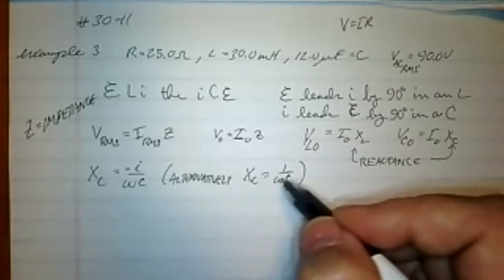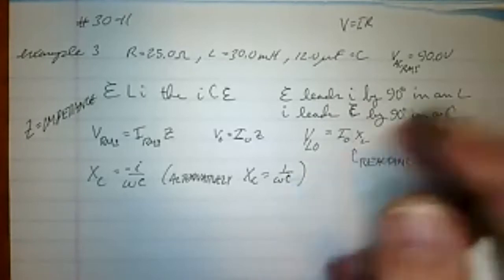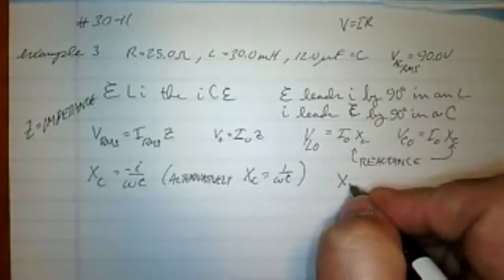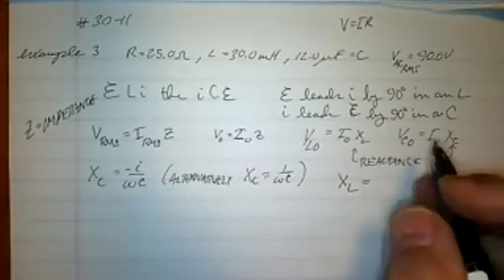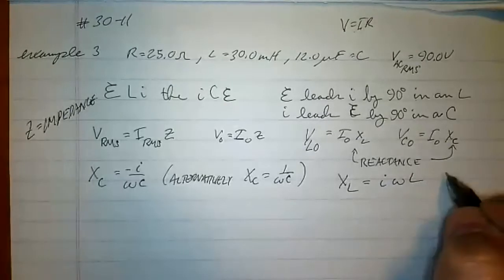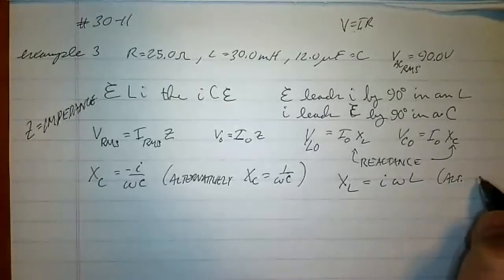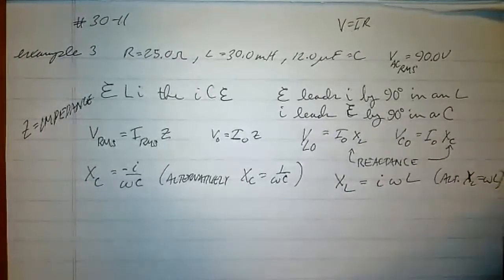It's like taking the limit as x approaches infinity of 1 over x, right? And then they also say XL, the inductive reactance, is actually equal to I times omega L, which alternatively, you could just say XL is equal to omega L, and that's what your book's doing, okay? I'll show you why we choose to do it that way in a second.